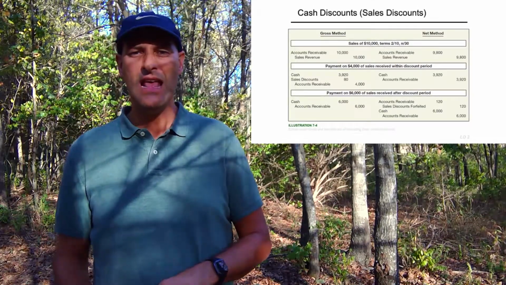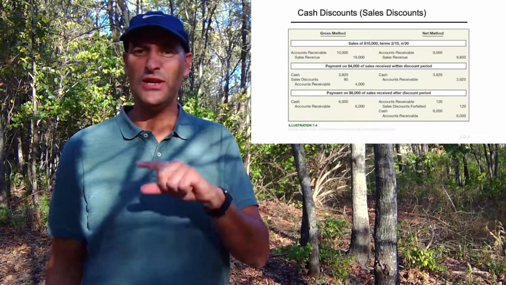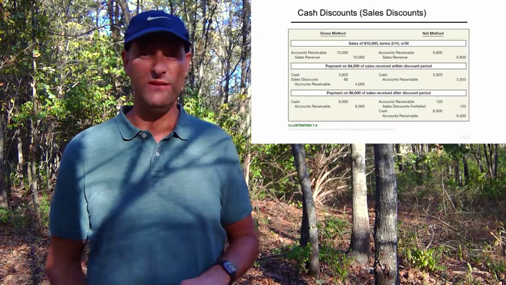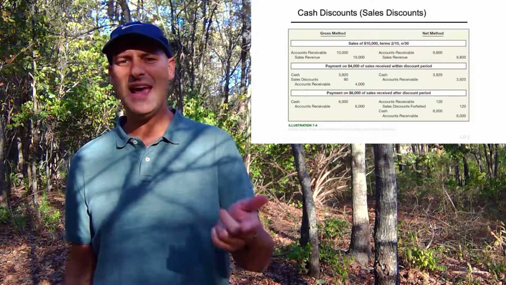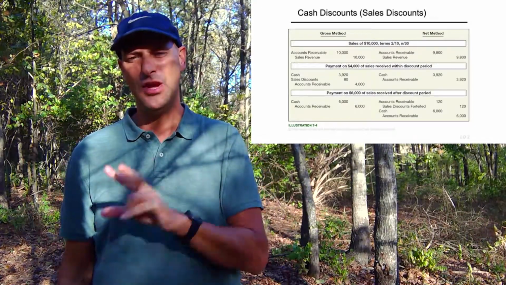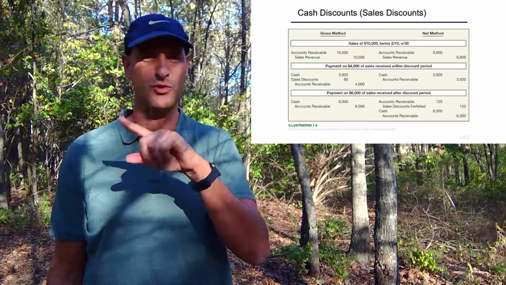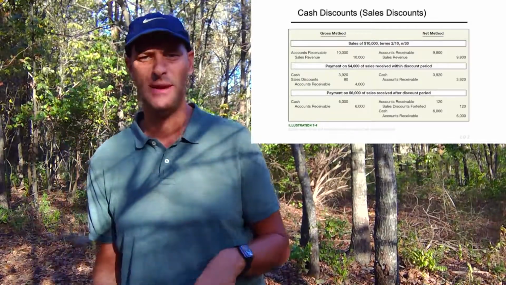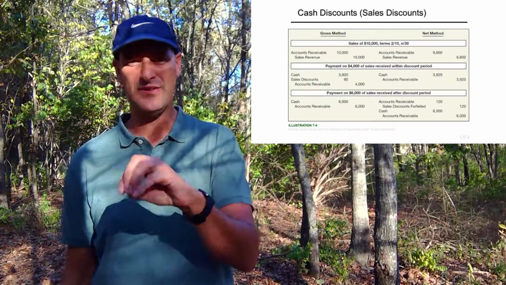So we're done. Now, under the net method, if they don't pay within the discount period, we then have to record basically what would be the overpayment based on what we recorded as receivables at the time of payment. So we get the full amount of cash.